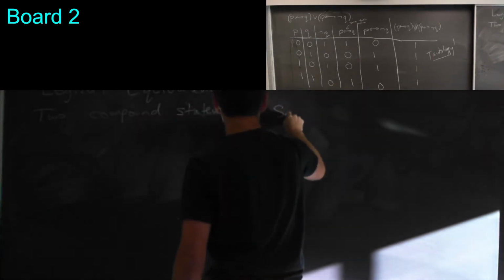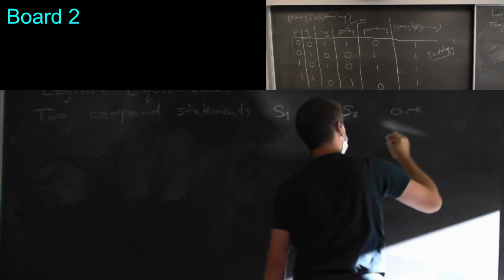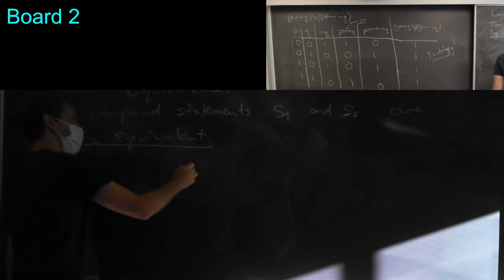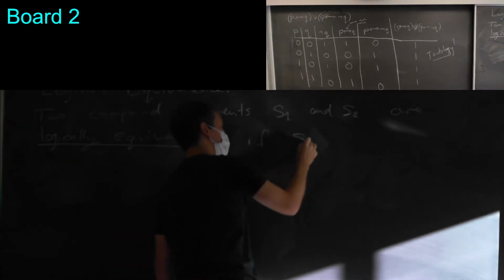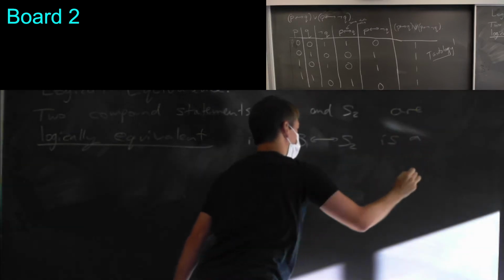So let's say we have two compound statements, S1 and S2. We say that they are logically equivalent if S1 if and only if S2 is a tautology.